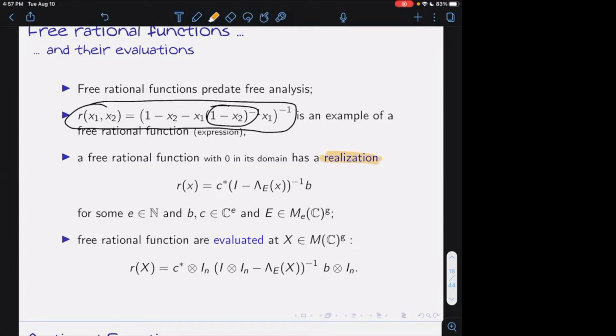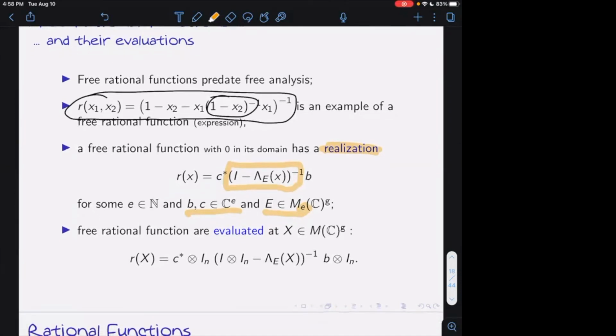So it's an expression of this form. You've got the inverse of this pencil. This time it's really an analytic pencil. There are no adjoints involved. And so you have this capital E of size E, and then B and C are vectors of size E. You'll get something that's scalar valued out of it.